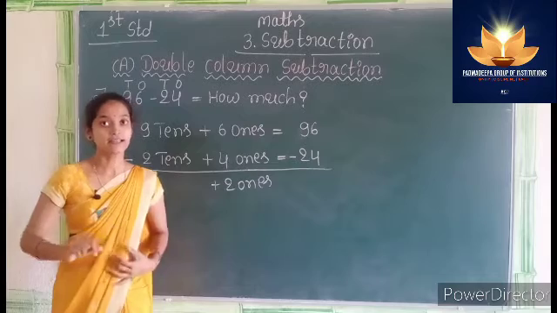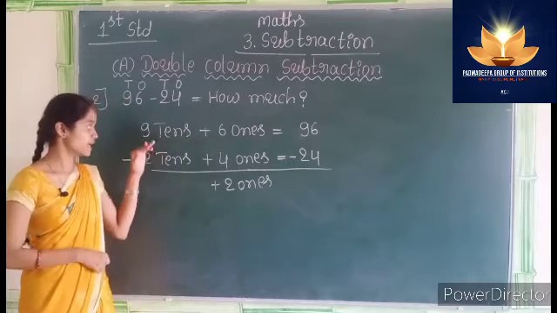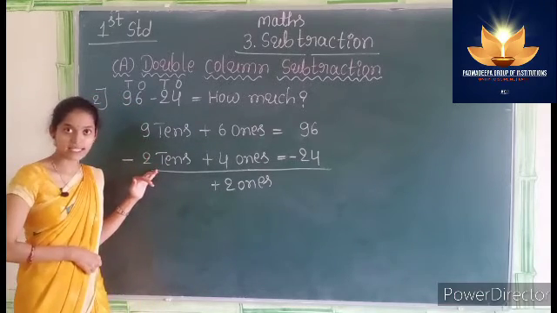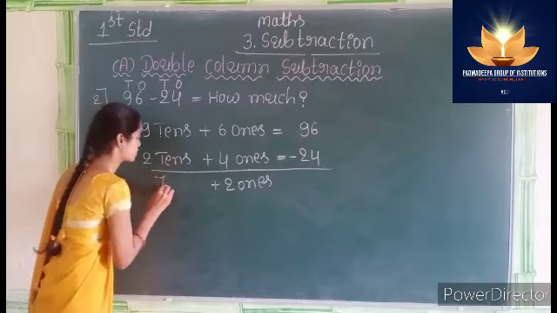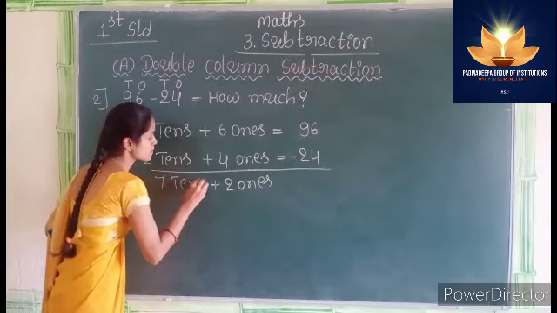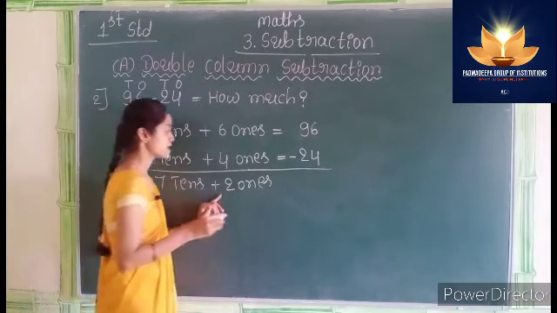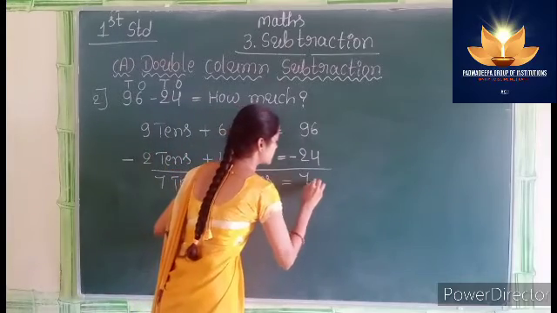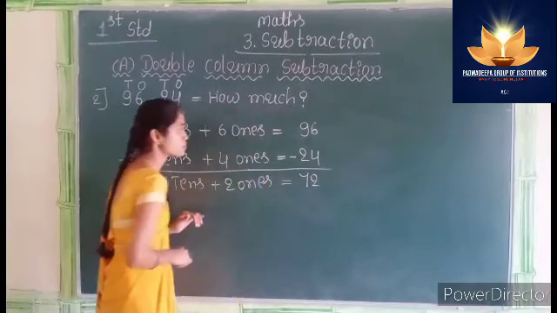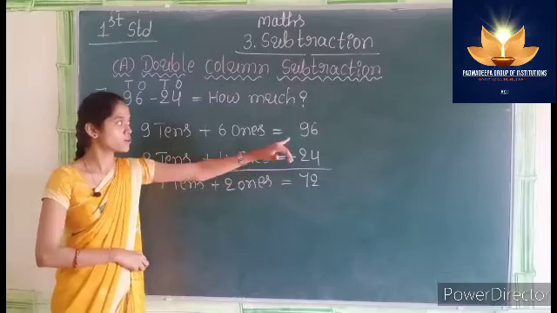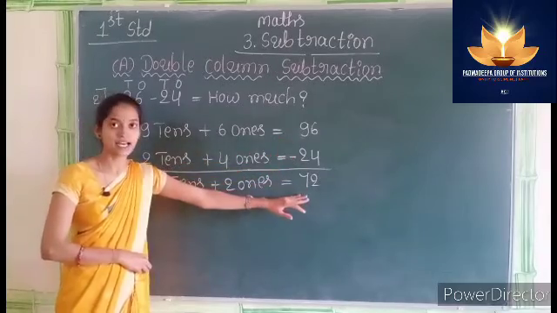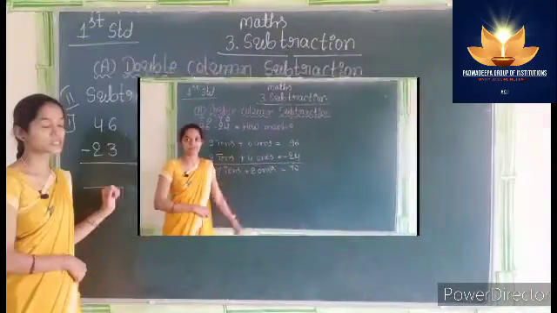We get 7. So 9 minus 2 is 7. 7 tens plus 2 ones is equal to 72. After subtracting 24 from this 96, we get 72.